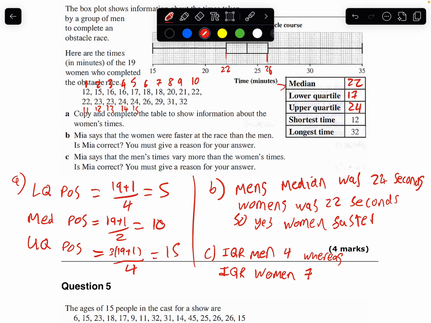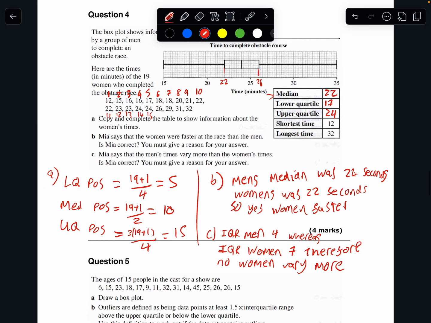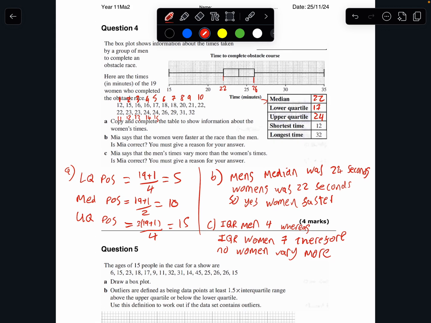Interquartile range for women was 7, therefore women were more spread. No, women vary more. If you've got a higher interquartile range, you vary more. Once again, range isn't really allowed here because one person might completely offset the range, whereas interquartile range doesn't get affected by outliers. So make sure we're talking about interquartile range, make sure we're talking about average.